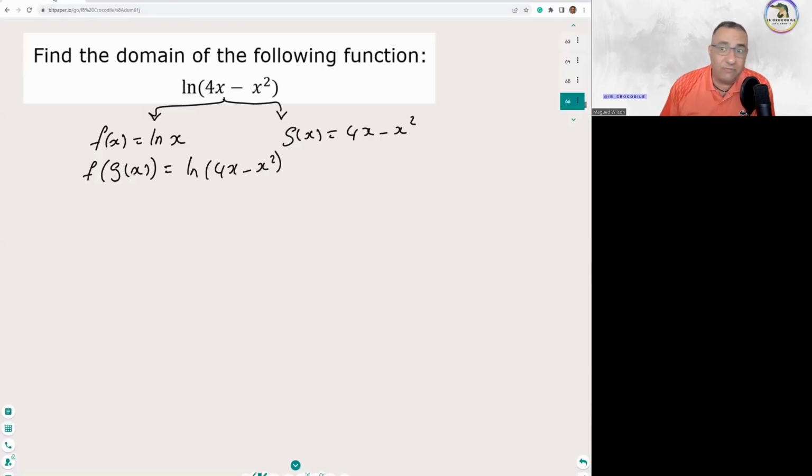So again, I am forming an inequality. By saying this, I already formed an inequality. To find the domain of ln of 4x minus x squared, whatever is inside the ln has to be bigger than 0. So let's build the inequality: 4x minus x squared has to be bigger than 0, right? Then you can follow the steps to solve the quadratic inequality.